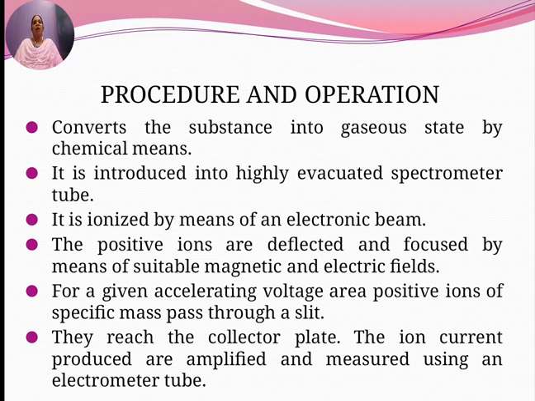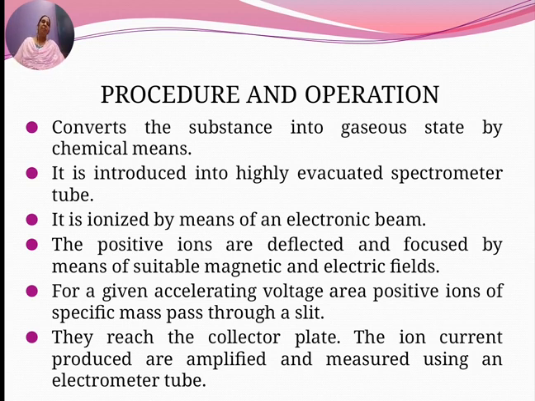The positive ions are deflected and focused by means of suitable magnetic and electric fields. For a given accelerating voltage, positive ions of specific mass pass through the slit. They reach the collector plate. The ion current produced is amplified and measured using an electrometer tube.